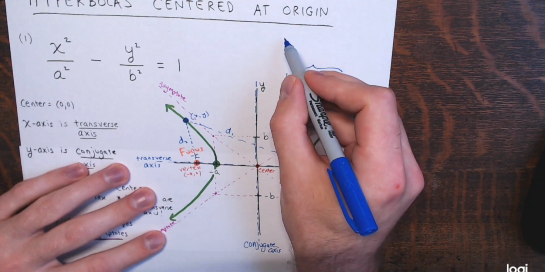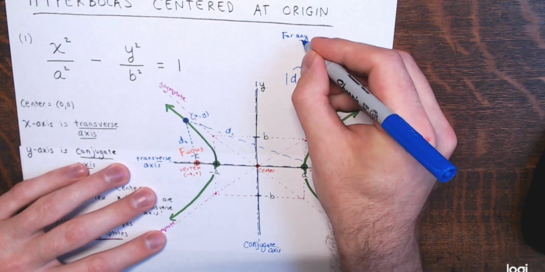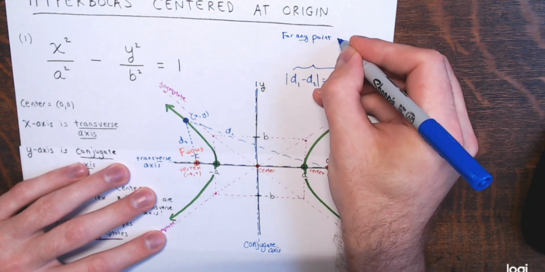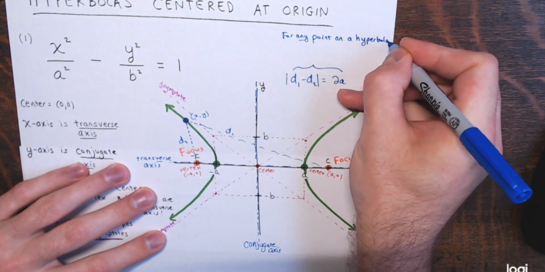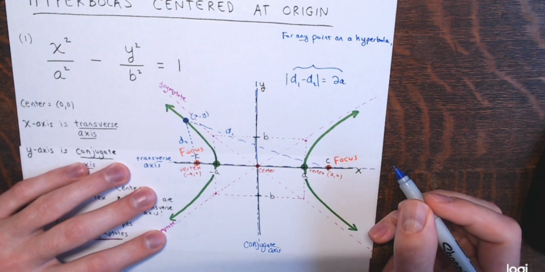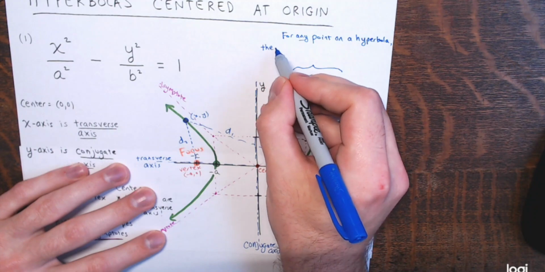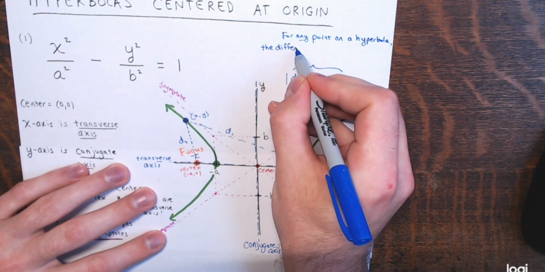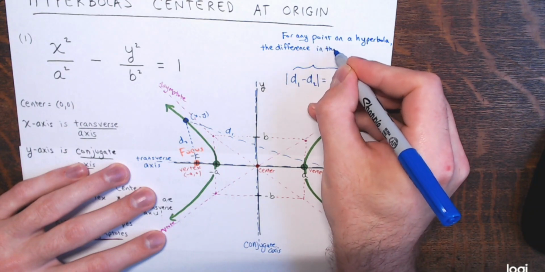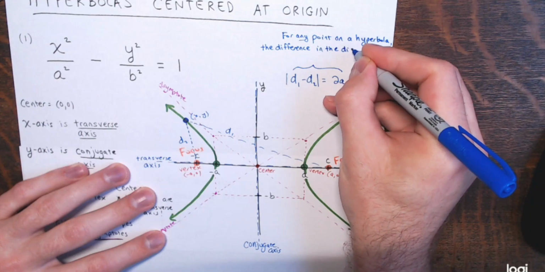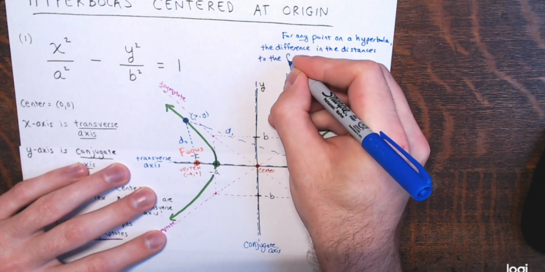But this is saying, for any point on a hyperbola, the difference in the distances to the foci is constant.